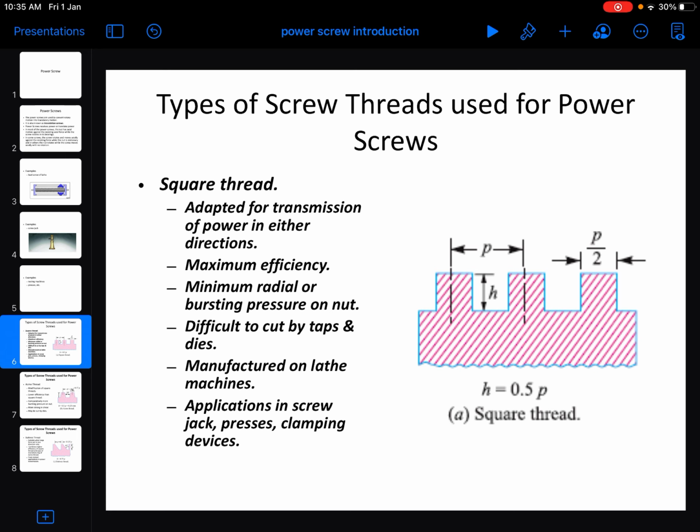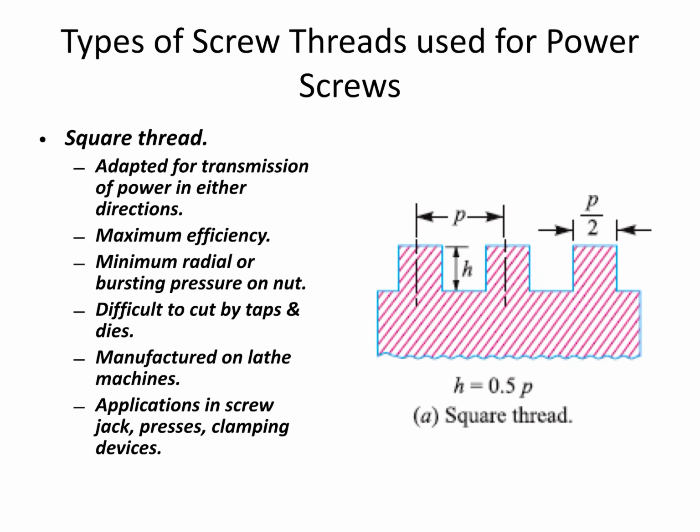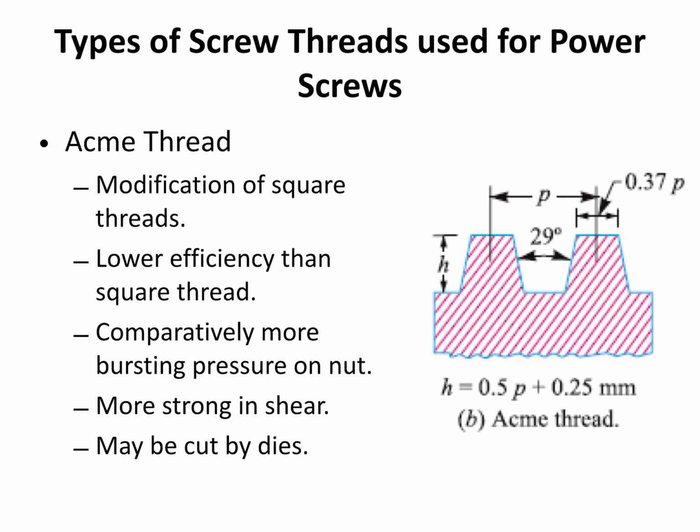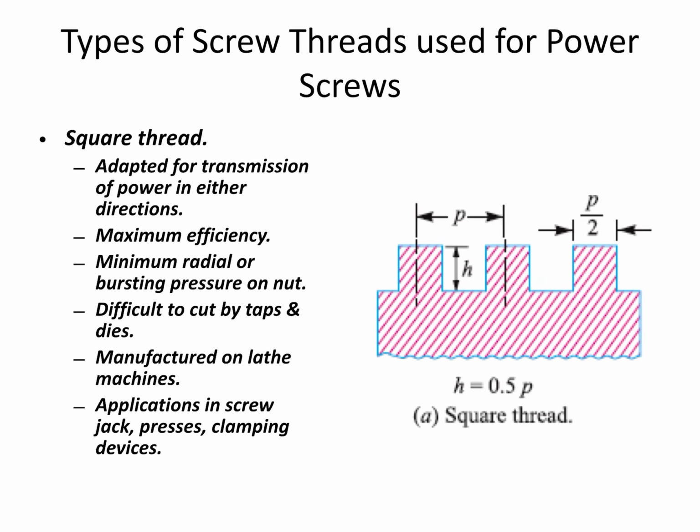So the teeth have a perfectly square type of profile, and that's why it is called a square thread. P is the pitch, H is the depth, and P by 2 is the thickness of the thread.